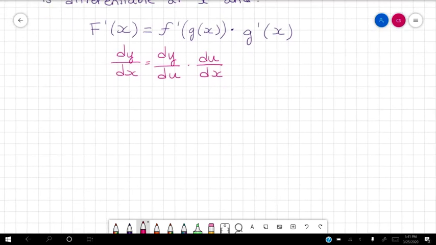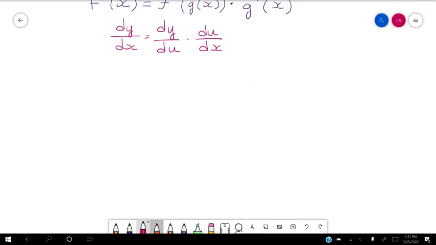So here we go. Let's look at some examples taking the derivative. Let's say we have a function f equal to x squared plus 1, all cubed, and we want to find the derivative. First of all, why do we know we would use a chain rule?